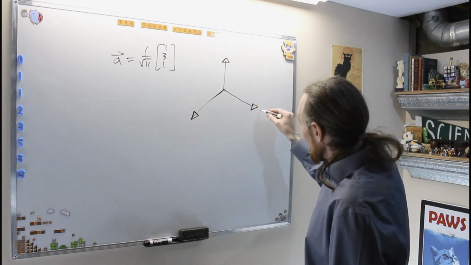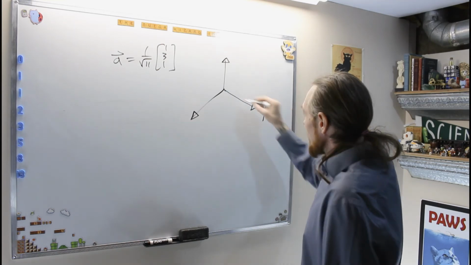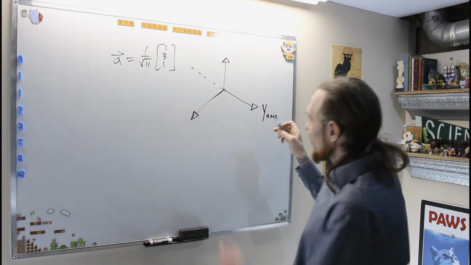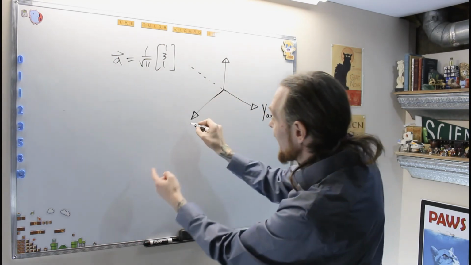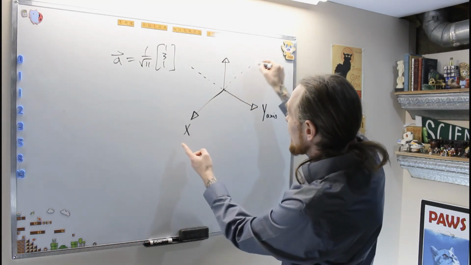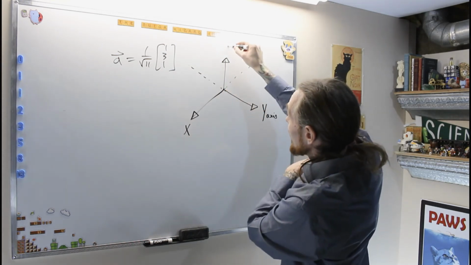So we're going to call this the y-axis, and this would be the positive y semi-axis. This is the x-axis, and this is going to be the positive x semi-axis, and this is obviously the z.